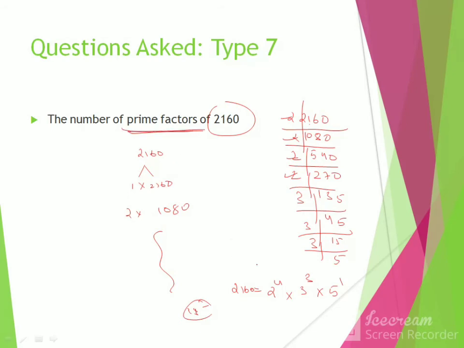It is not asking all the factors, it's asking only the prime factors. The numbers 2, 3 and 5 are the only 3 numbers which are prime and also divide the given number. So the number of prime factors is only 3. The unique prime factors of 2160 are 2, 3, 5.